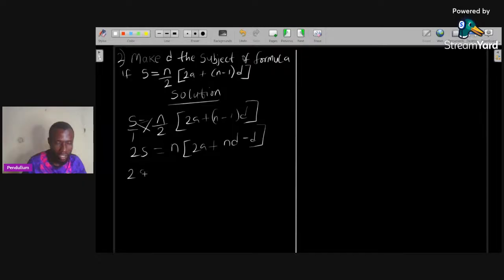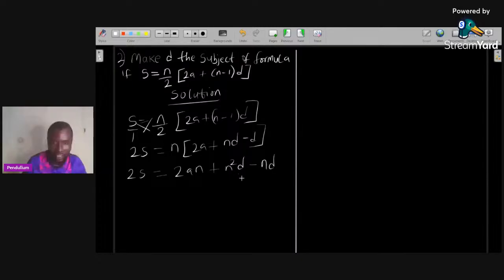We also have that 2S is equal to, if I open up this bracket, n times 2a is 2an, n times nd is n squared d, minus n times d is nd. Since we are trying to make d the subject of the formula, we need to bring the d terms together.